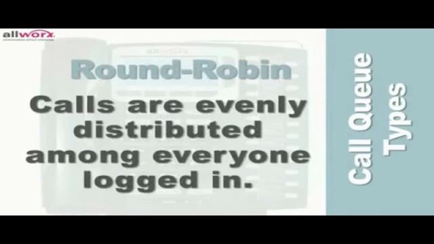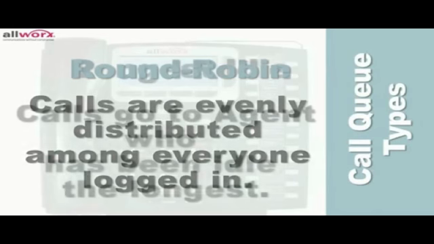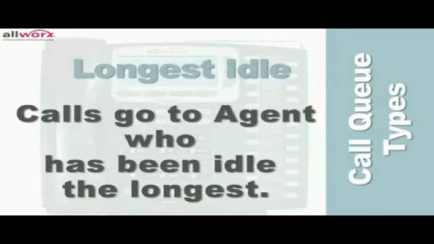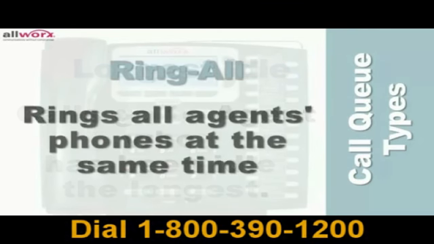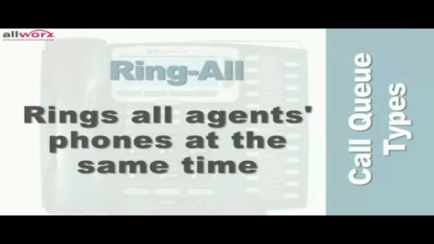The second type is called a round-robin, or salesperson queue, meaning the calls are evenly distributed among everyone who is logged into the queue. The third is the longest idle queue, which sends the call to the agent who has been idle the longest. Lastly, the ring all queue means that every call is presented to the entire group, so anyone who is available can answer the call.